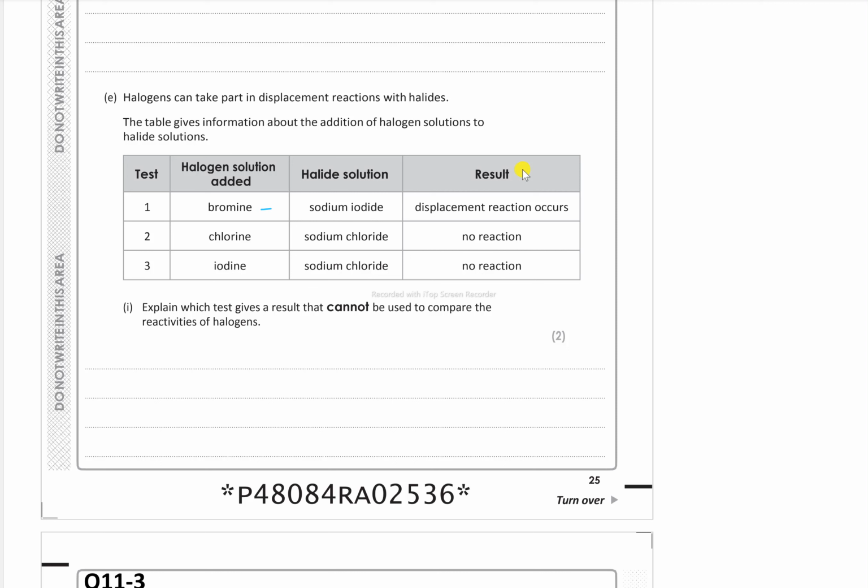So you've got fluorine, chlorine, bromine, iodine. Fluorine is normally too reactive in the lab, but it's there. Reactivity goes down the group, so chlorine is the most reactive of these and iodine is the least.